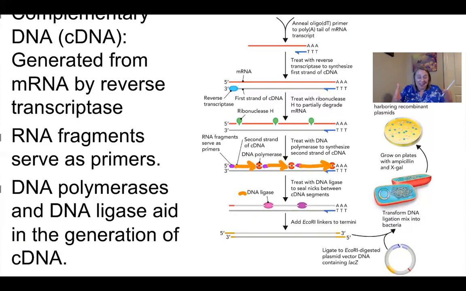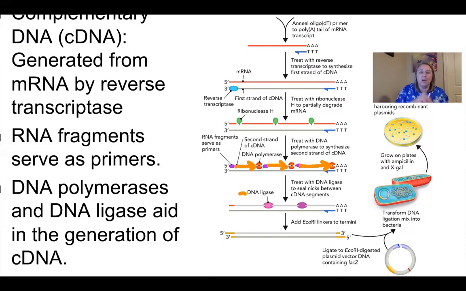And now we can take what was originally just an mRNA transcript and is now a double-stranded DNA piece and insert that into our vector. And once we insert that into our vector, now we have this library, because you're not only going to do this for one RNA transcript, you're going to do it for all the RNA transcripts in an entire cell, right?